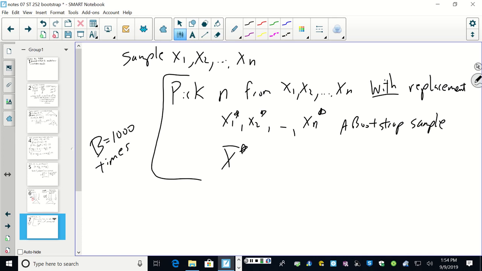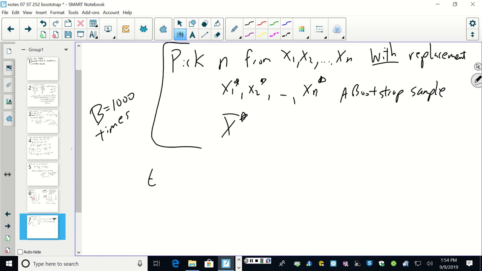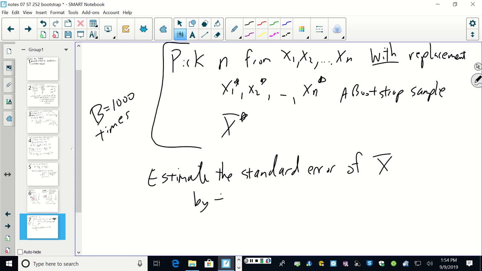And then we can estimate the standard error of x bar, the original x bar, not the x bar stars, by the standard deviation of the x bar stars, multiple ones. Right? We have a bunch of those.